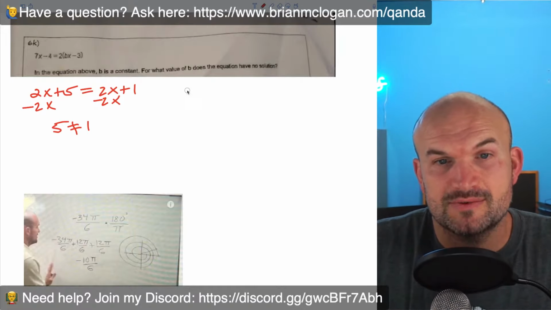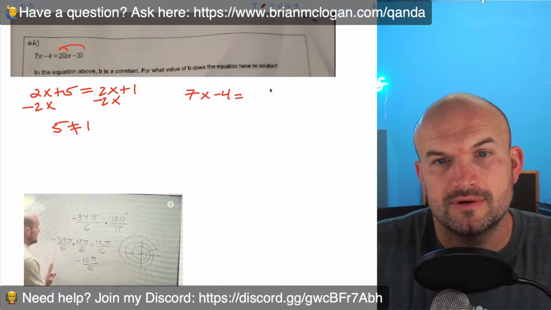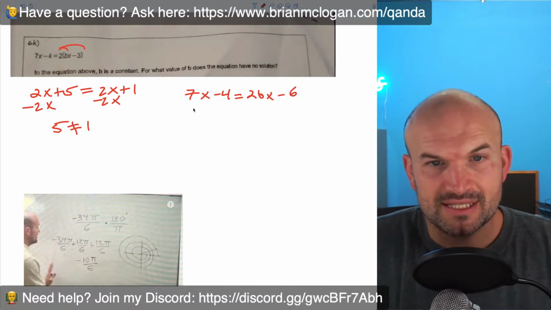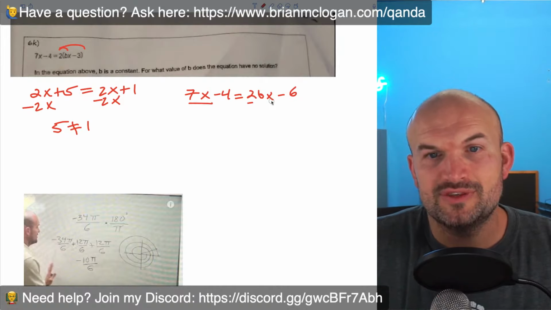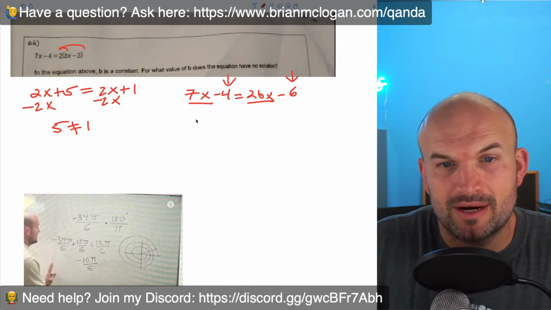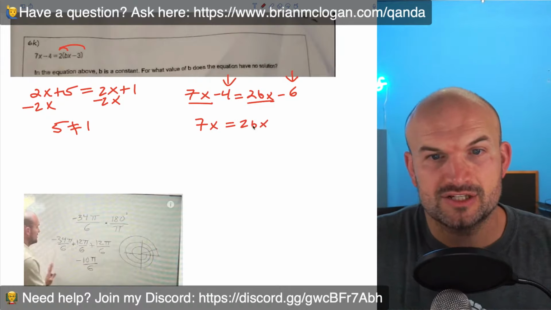So my thought process was, if I have 7x minus 4 is equal to, let's distribute this, 2bx minus 6, I want the x terms to be the same, because then the constants are not, and that's going to make a no solution. So if 7x is equal to 2bx, solve for b.